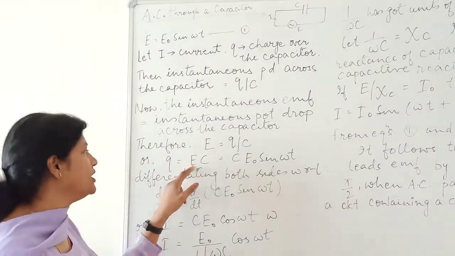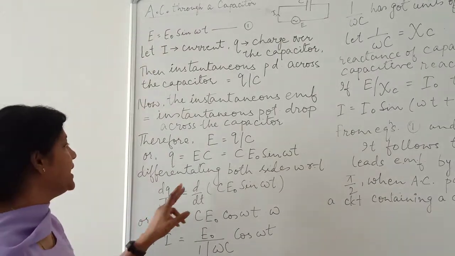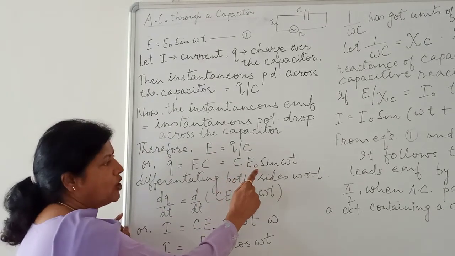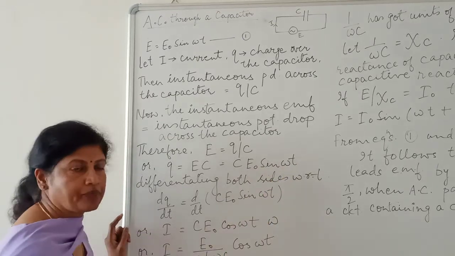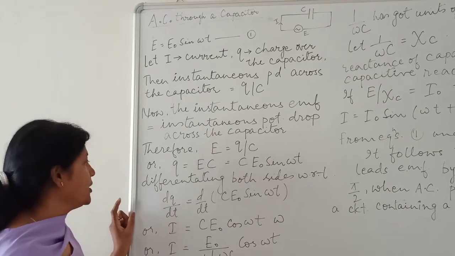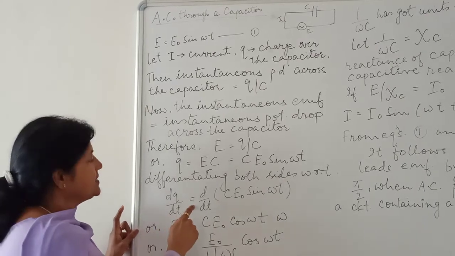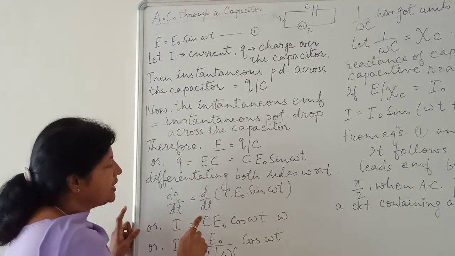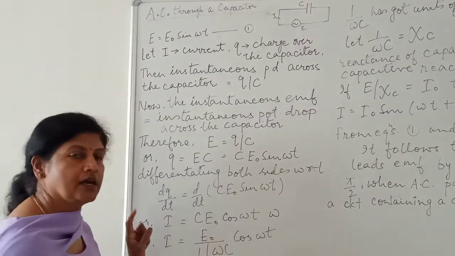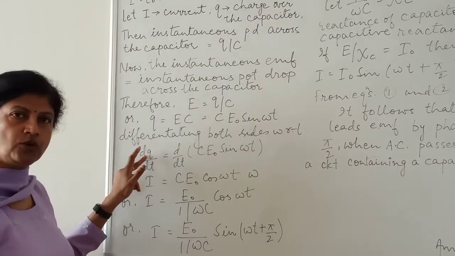Now, substituting the value of E from equation number 1, we get Q is equal to C E naught sine omega t. Differentiating both sides with respect to time, we get dq over dt is equal to d by dt of C E naught sine omega t, or C d by dt of q.